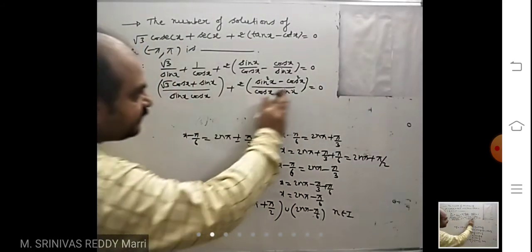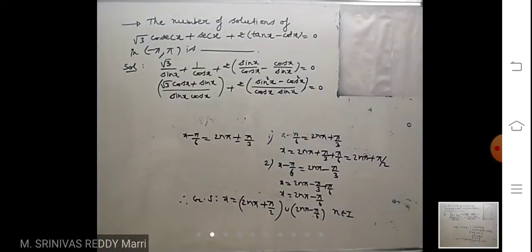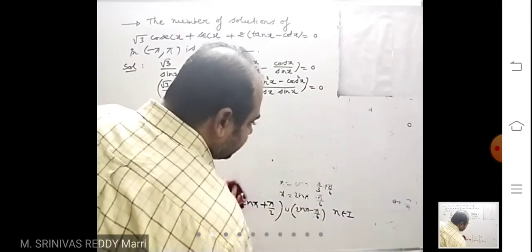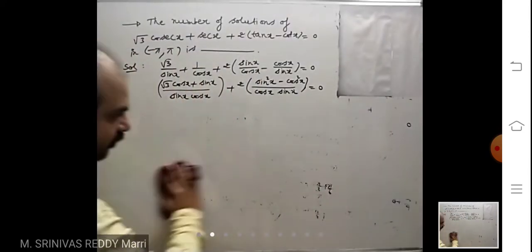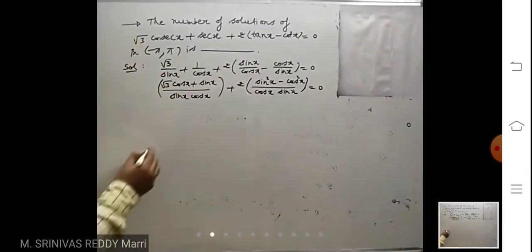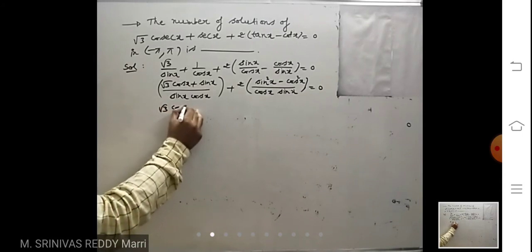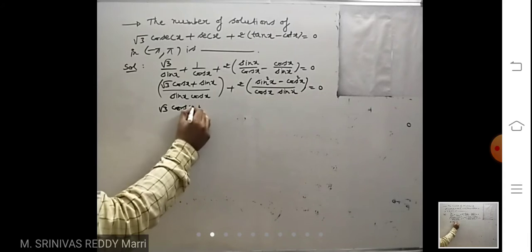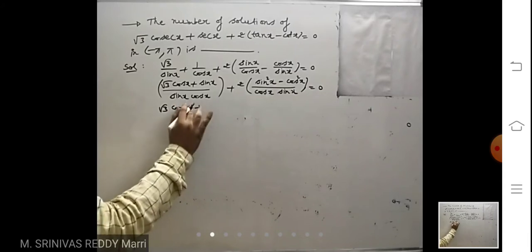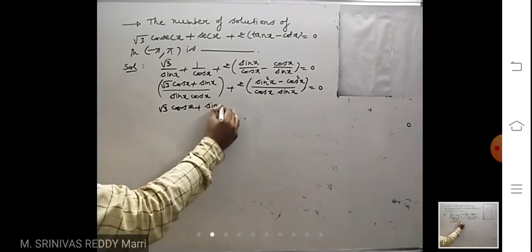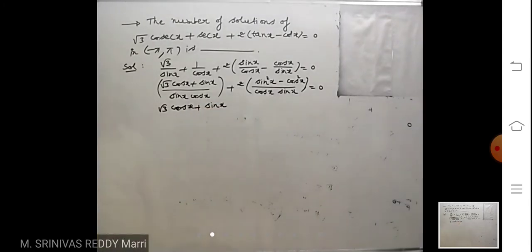Now common LCM is sin x into cos x. Common LCM for both is sin x into cos x. So you can sum the numerators. That means you are getting root 3 cos x plus sin x.